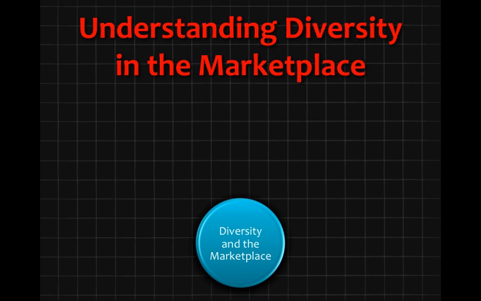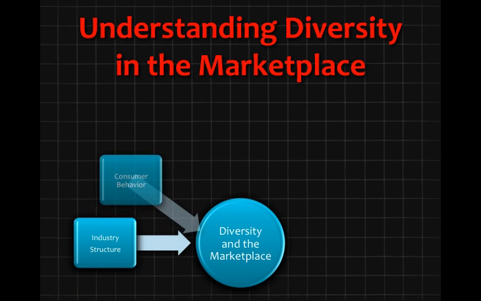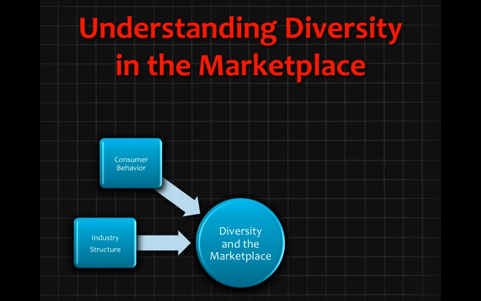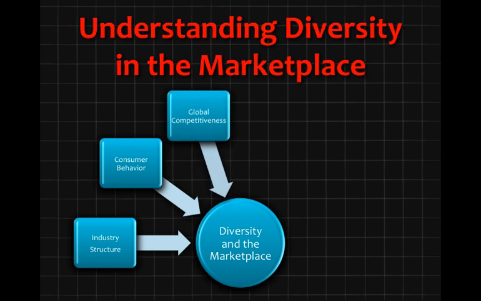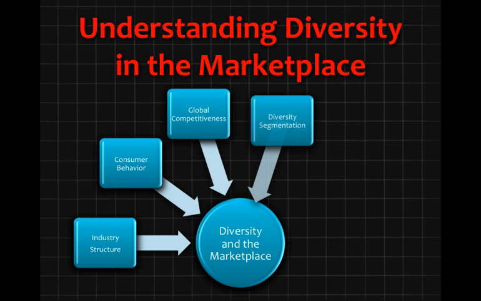So our first frame of reference here is to take a look at the marketplace itself and its structure. How is it set up? The consumer behavior, which is a critical piece of a diversity planning discussion, will come into play, as well as the global competitiveness aspect of this, because no longer can we look at things from a local perspective.